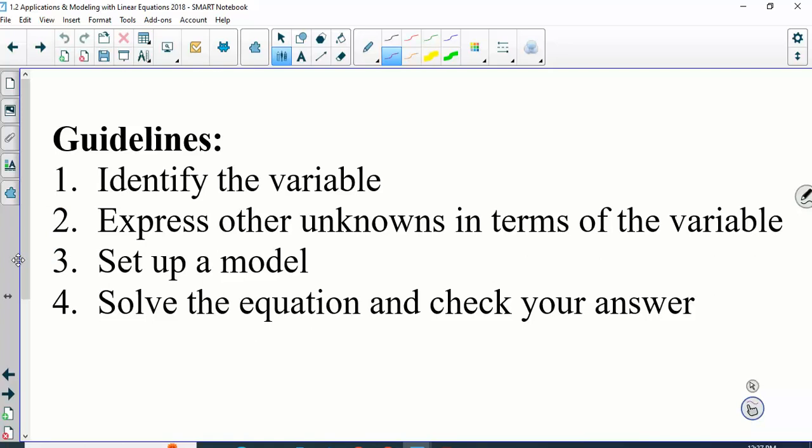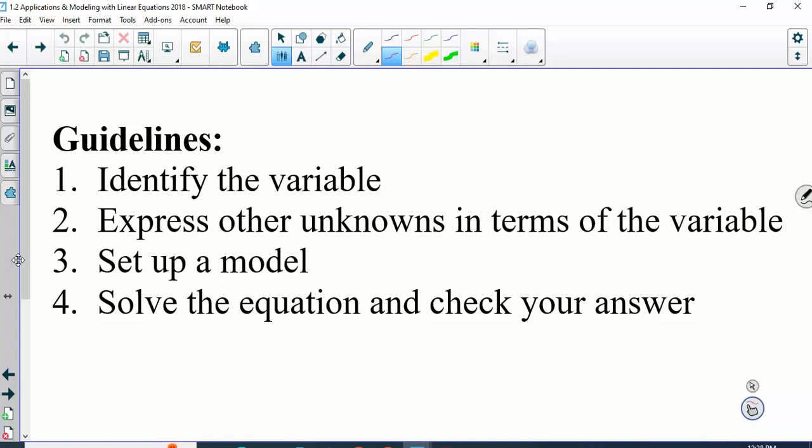But the first thing I do ask is that you identify your variable. I really don't want to see you trying to solve equations and using x's and y's, and I don't know what you're talking about. So on every problem, I'll give you a point just for identifying your variable. So whether you say x is blah, or you draw a picture and you label it, something to tell me what your variable is. You must do that.